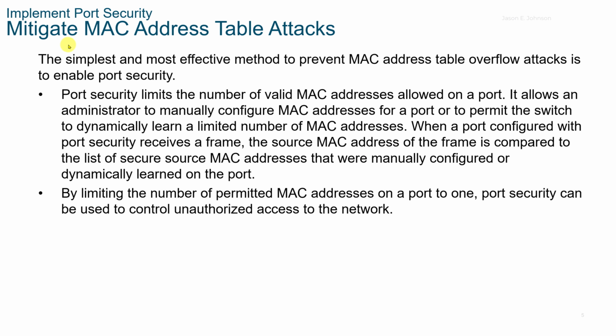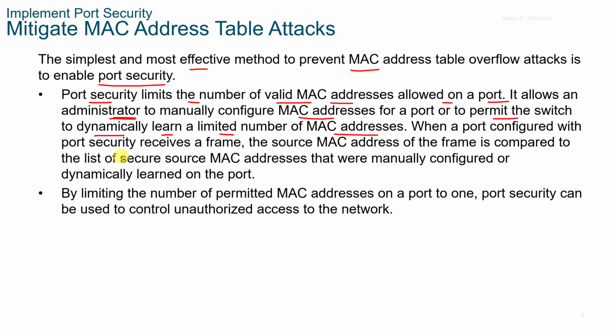Now, to mitigate a MAC address table attack, the most effective method to prevent MAC address table overflow attacks is to enable port security. Port security limits the number of valid MAC addresses allowed on a port. It allows an administrator to manually configure MAC addresses for a port, or to permit the switch to dynamically learn a limited number of MAC addresses.